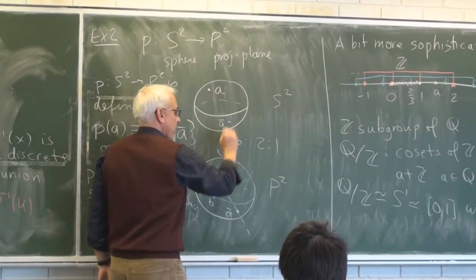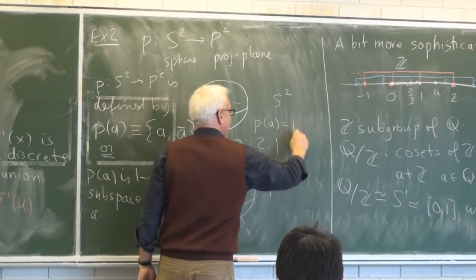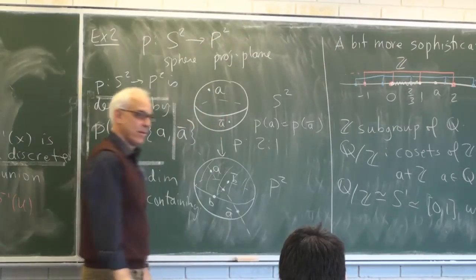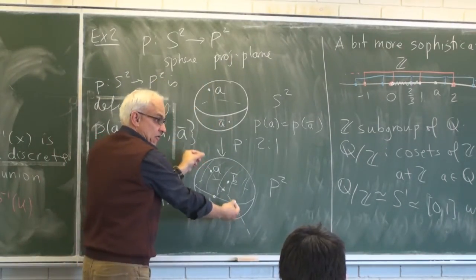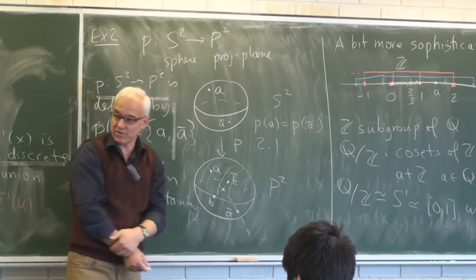A bar is down here somewhere. P of A equals P of A bar. Both A and A bar get sent to the same pair of points in the projective plane.